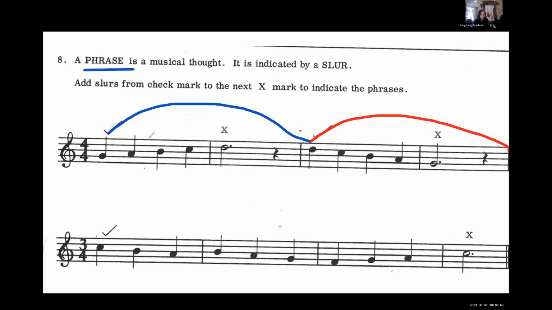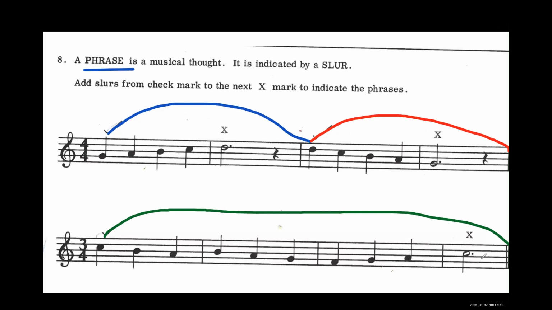So if I play 2, 3, rest. 2, 3, rest. Let's use another color for the lower one. This musical thought does not stop until there. So that's one phrase. Thank you.